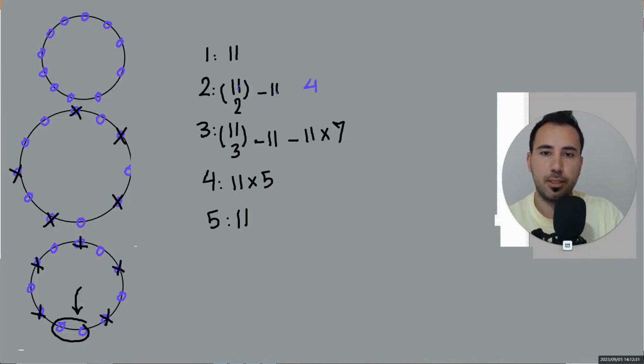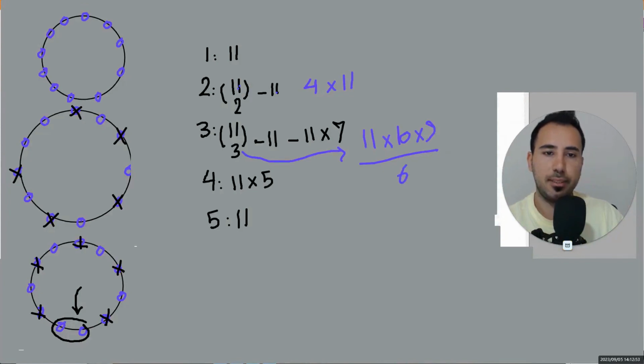So it's going to be 5 times 11. Okay, now this one. It will be 11 times 10 times 9 divided by 6.